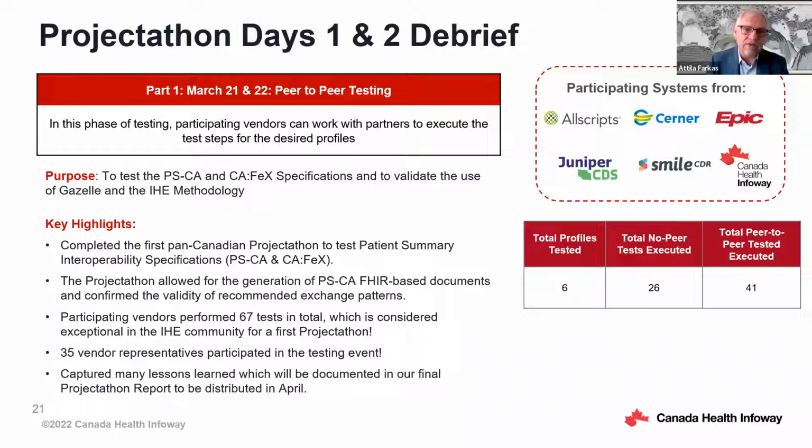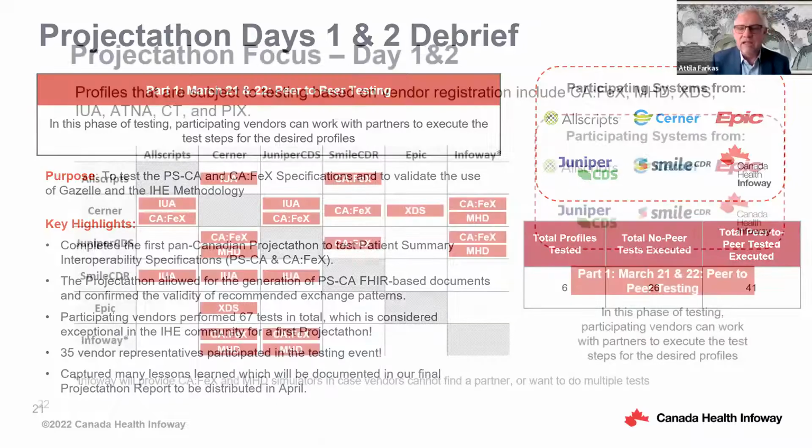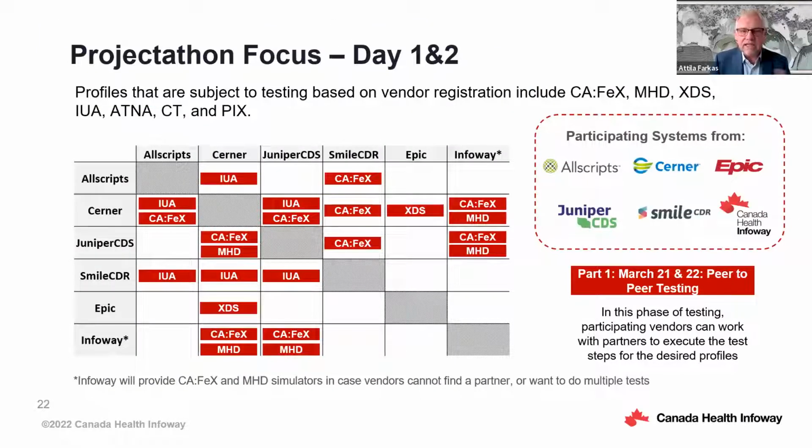So in terms of key highlights, we have a couple of them listed on the document, but I would rather talk a little bit about the experience itself. This is how the testing was organized. The Projectathon was organized over 3 days using the Gazelle platform, and days 1 and 2 were focused on no-peer testing and peer-to-peer testing.